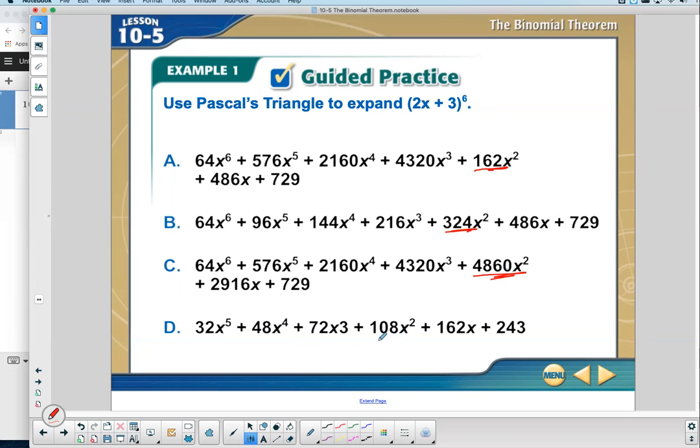The x squared terms all have different numbers. So what we're going to do is get the x squared term first.